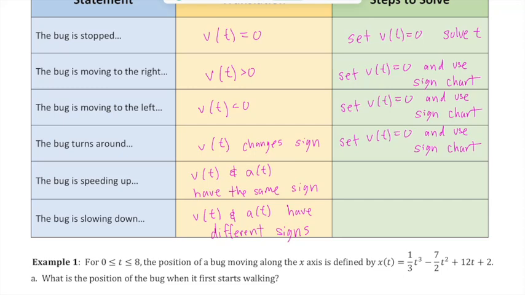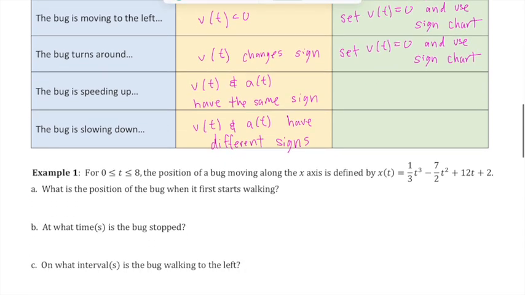All right, let's look at example 1. So we have, for time from 0 to 8, a bug is moving on a line in the x direction. It gives us this equation. And again, this is going to be the position equation. So what is the position of the bug when he first starts walking?